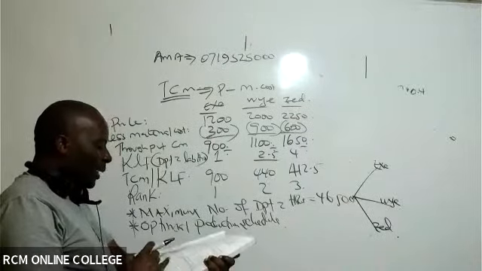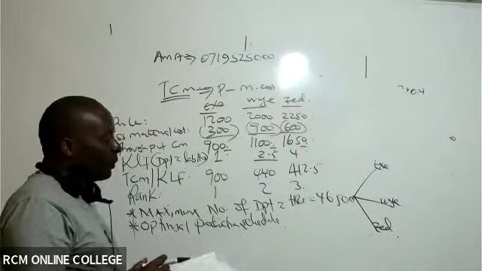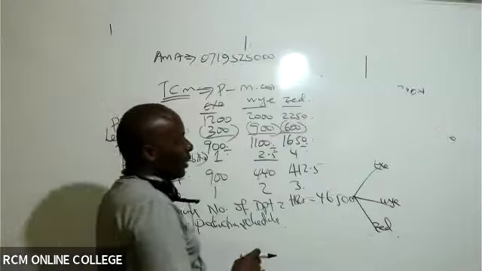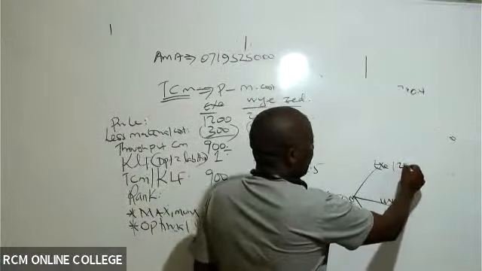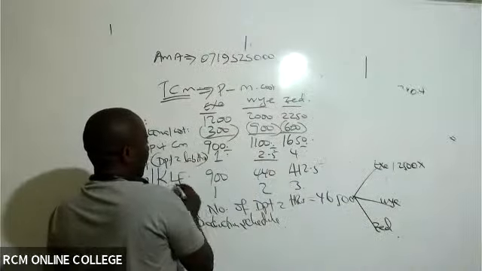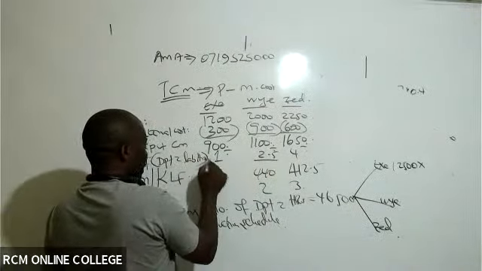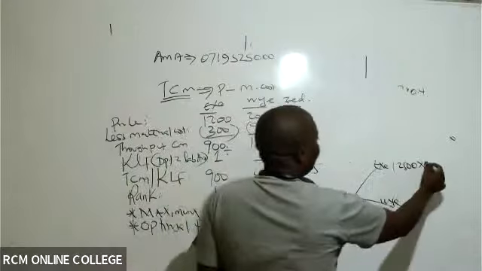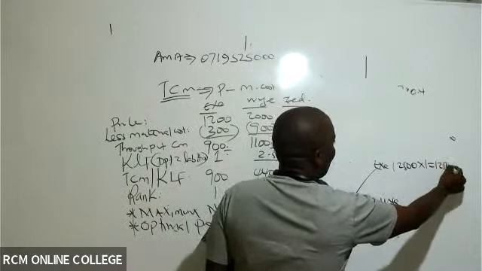Not number 4. Maximum demand is 12,500, isn't it? So then X will be 12,500 times the key limiting factor hours for X, 1. So this will be 12,500.